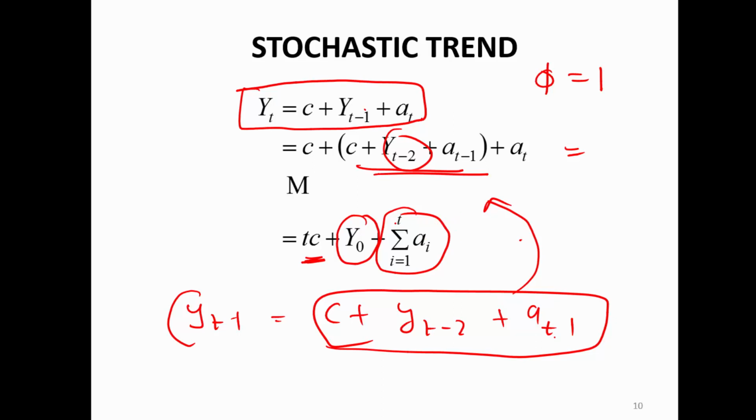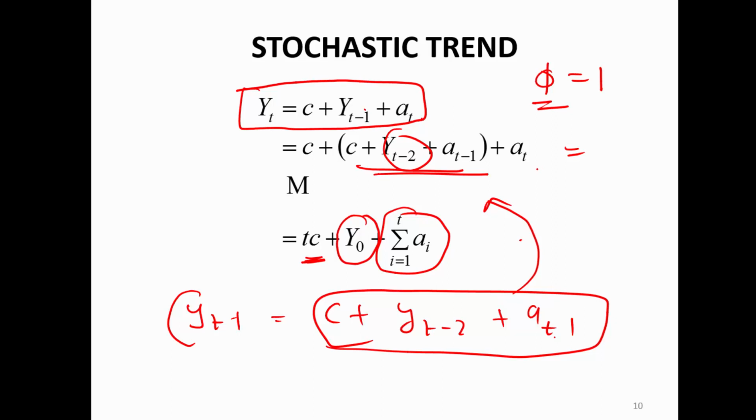So the idea to understand here is that in a stochastic trend there is some kind of uncertainty, and the problem arises when phi takes a value of 1. When it's less than 1, the series will converge.